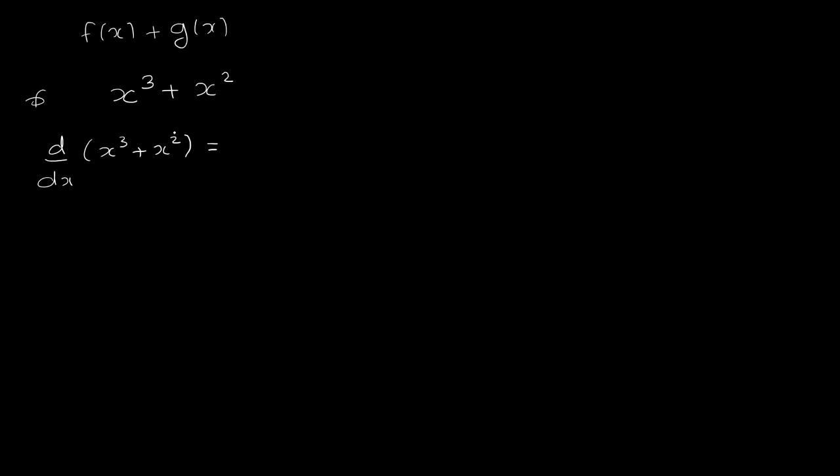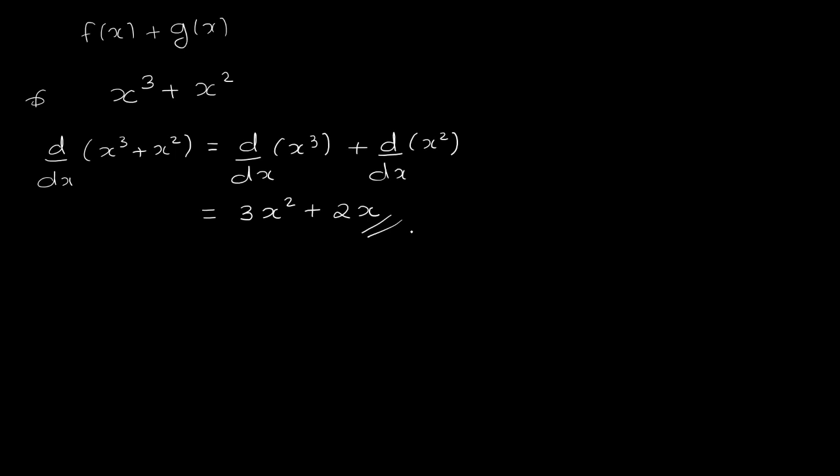That is, it gets distributed over the addition. So what you will get is d by dx of x cube plus d by dx of x square. Okay, so what you will get here is 3x square plus the answer for this part, which is 2x. So this becomes your final answer. So that is, you have to differentiate it separately.